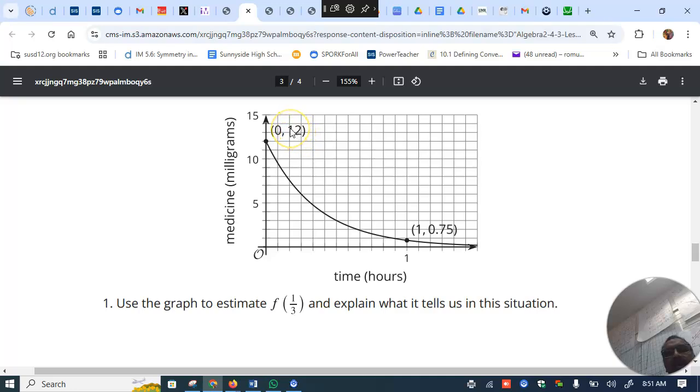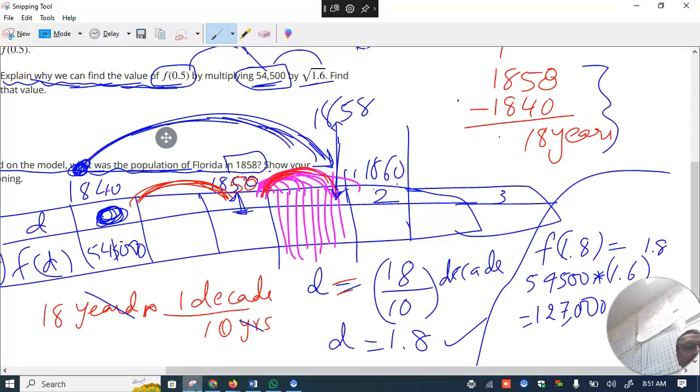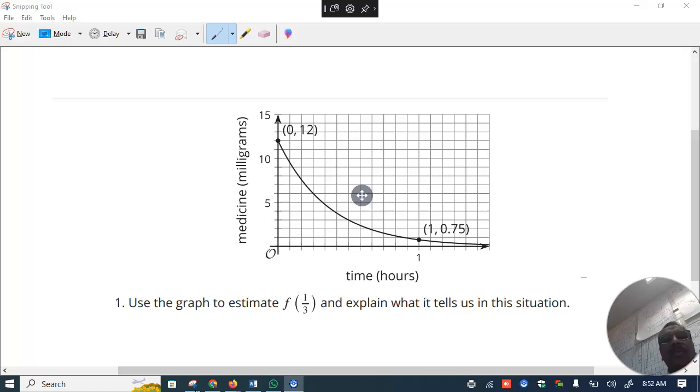Can you see this 12 there? So the first question is, the graph shows this number, look at this point, 0 is 12. That's the milligram in the beginning. So this is in the beginning.